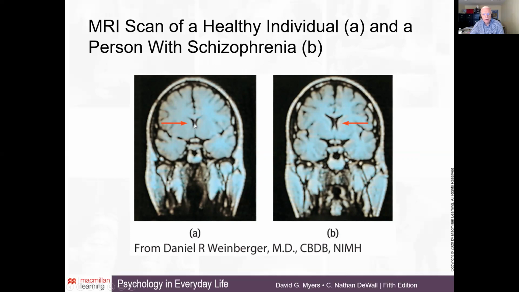This is the ventricle area. A larger ventricle area here means that probably there's, for whatever reason, death of neurons in this area, allowing this space to be larger than in someone with a normal brain.